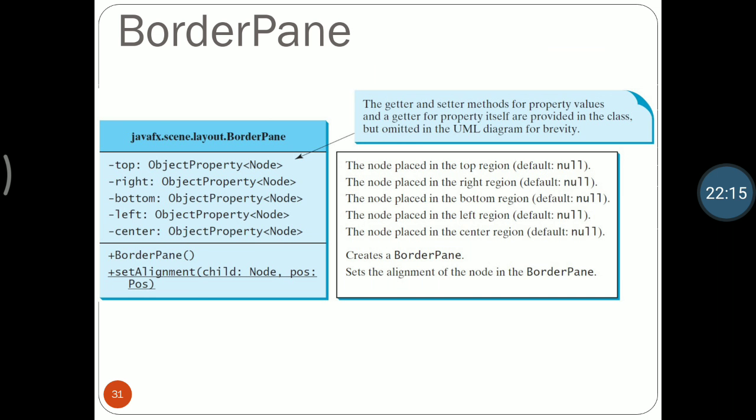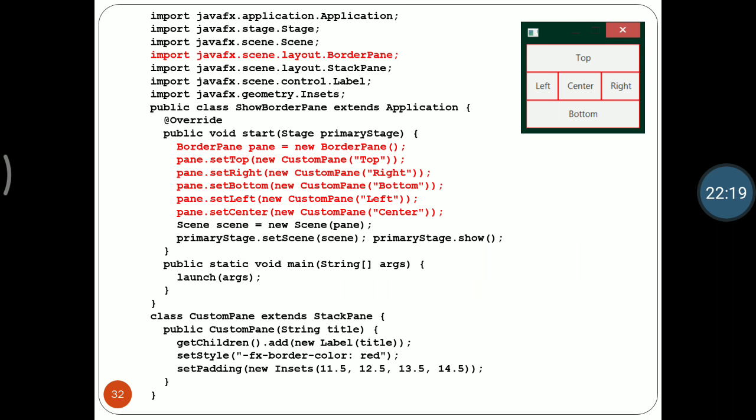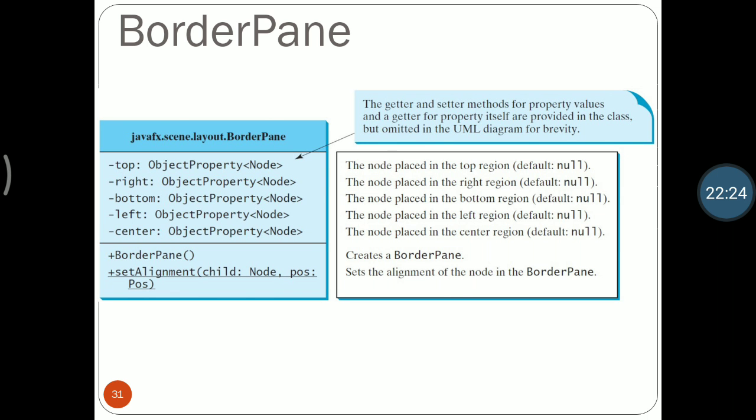Next one is BorderPane. BorderPane will look like this: top, left, center, right and bottom. It will have top, right, bottom, left and center properties. It will have BorderPane methods.